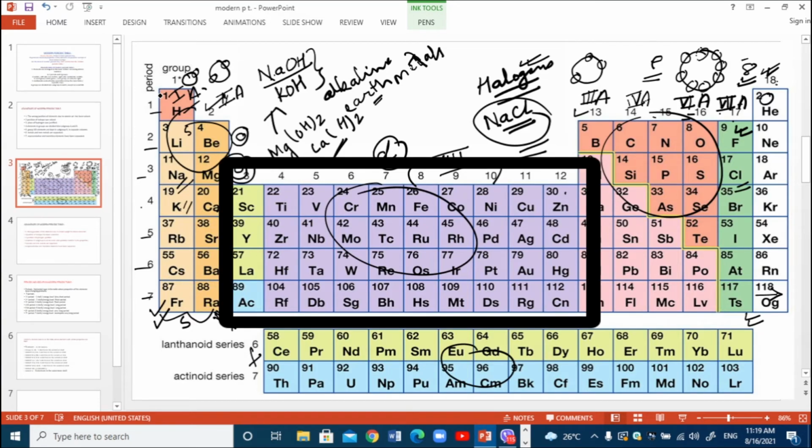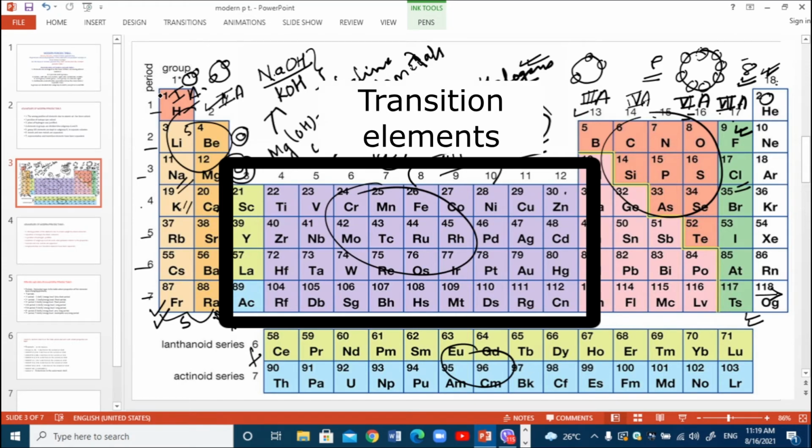Now we'll see the position of transition elements, the block D elements. These are also subgroup B. Block D elements are called transition elements because they transit from group 2A to 3A; this middle part is in between 2A and 3A.